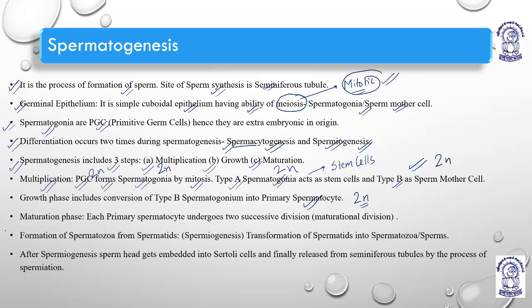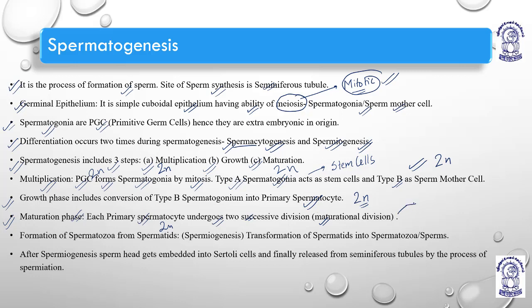Now the third phase is the maturation phase. What does the maturation phase include? Every single primary spermatocyte, which is diploid, undergoes two successive divisions, which are the maturational divisions.